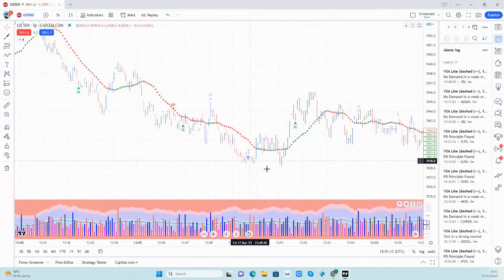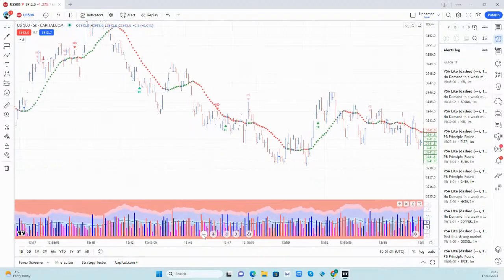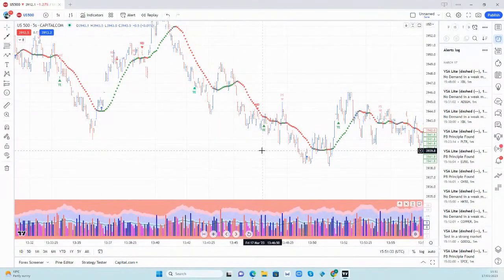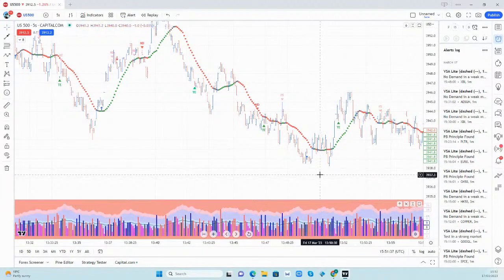I knew this is going to go further down, and it did, and it got me filled there. I chased the trade, which I do, and I got filled, and I made profit. So on the same chart, on the same day, within half an hour, I did two trades on the upside and one trade on the downside.